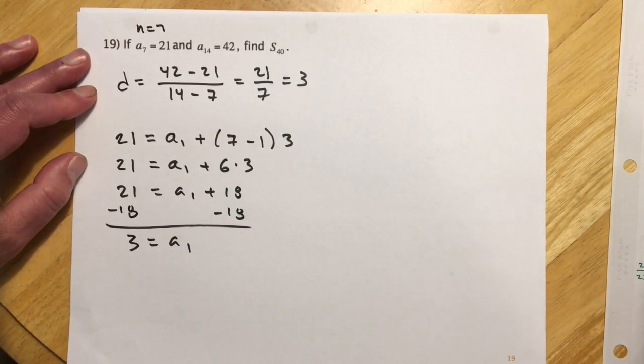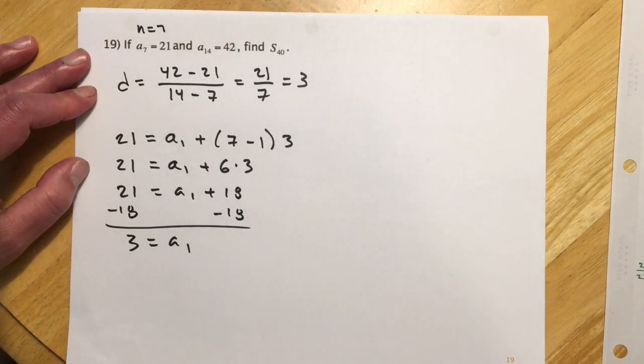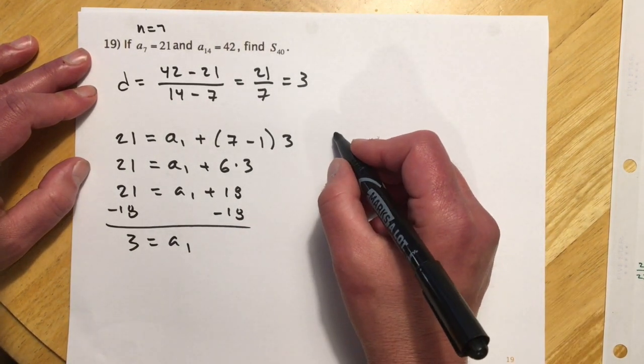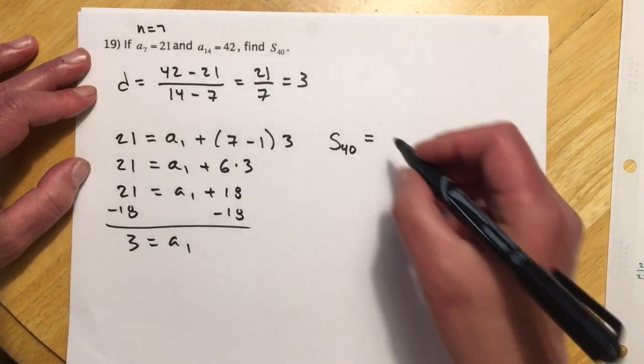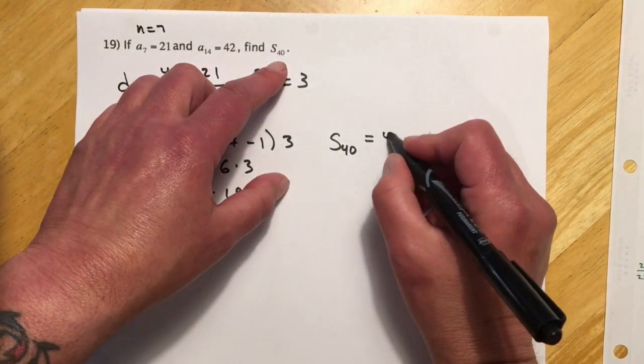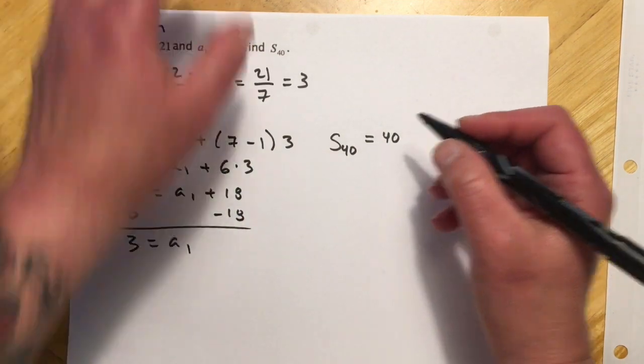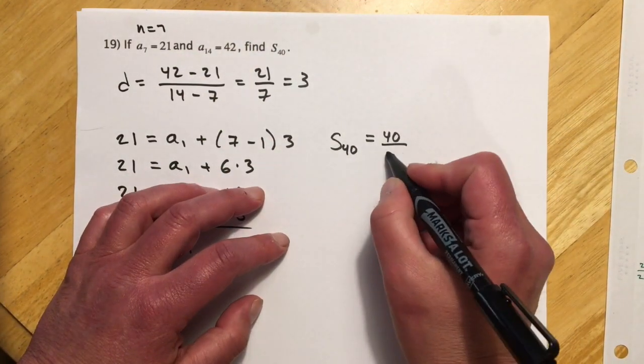And let's see, so we got the first term, we got the difference, and now I'm supposed to find the sum through 40. So that's going to look like 40 over 2, and that's this formula.